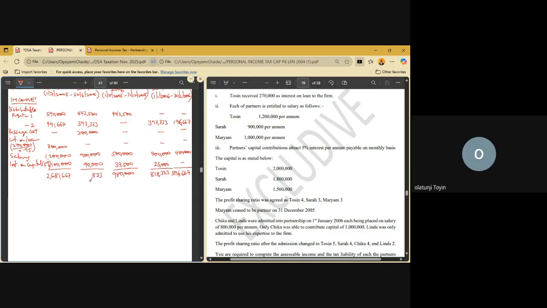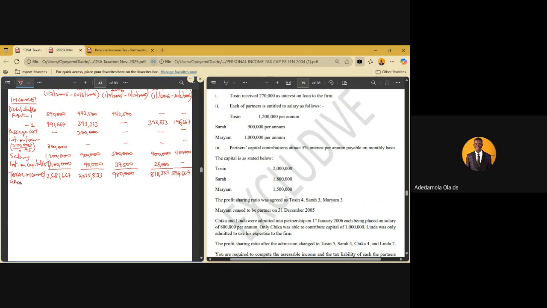Second one, 2,025,833. So that's their total income. Is there any tax exempt? They don't have any tax exempt. So the total income will still remain as our gross income.